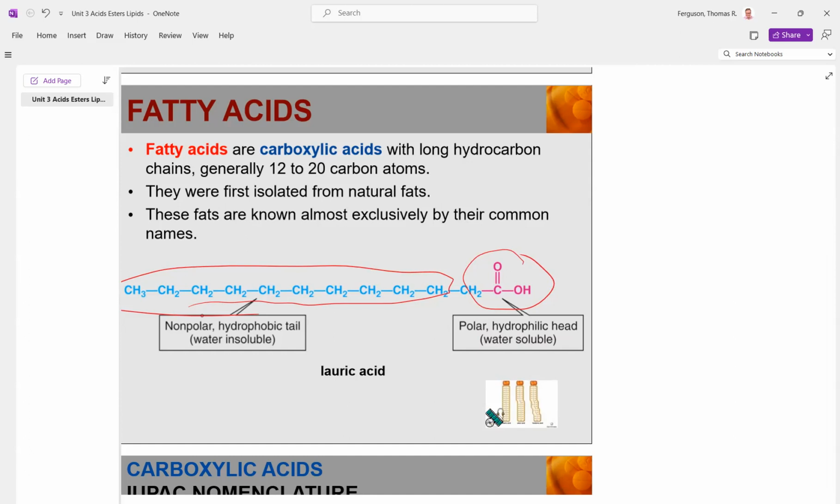Now, these are stark contrasts in polarity. We're going to find that the acid is even more polar than an alcohol. And then, of course, we have a long alkane end, which is the exact opposite of that polarity.